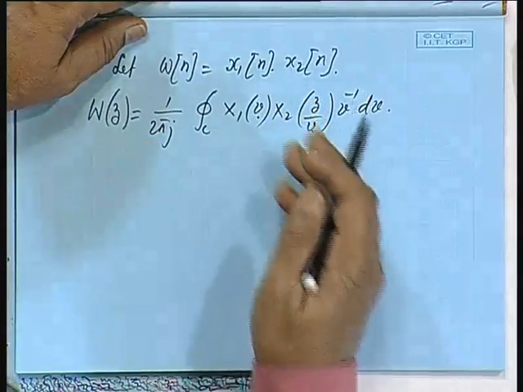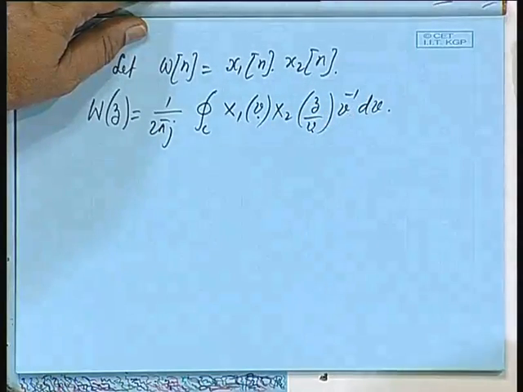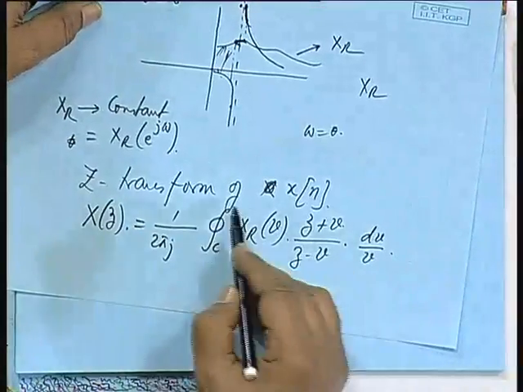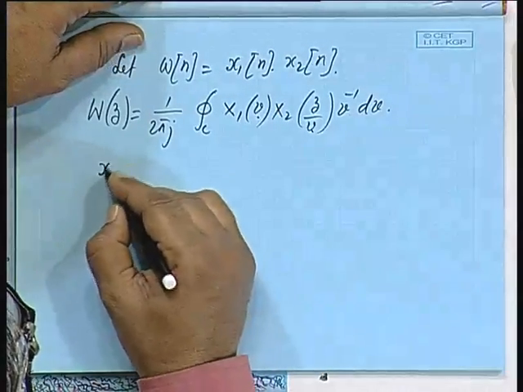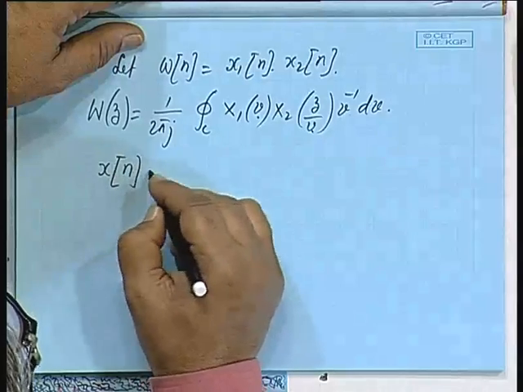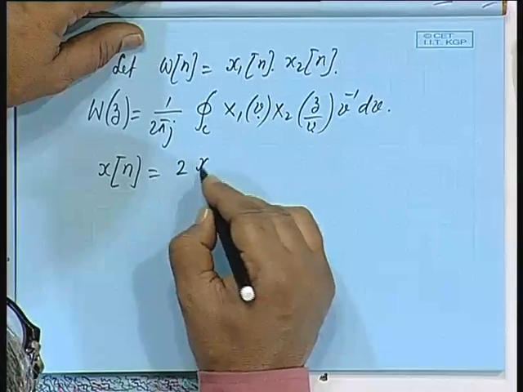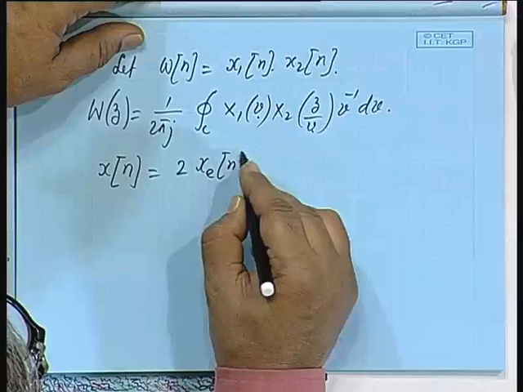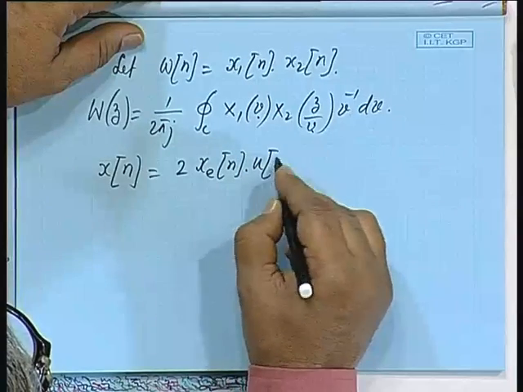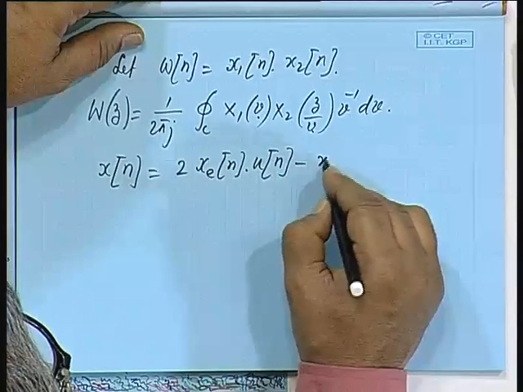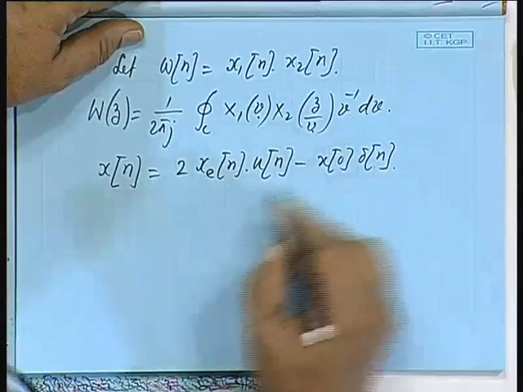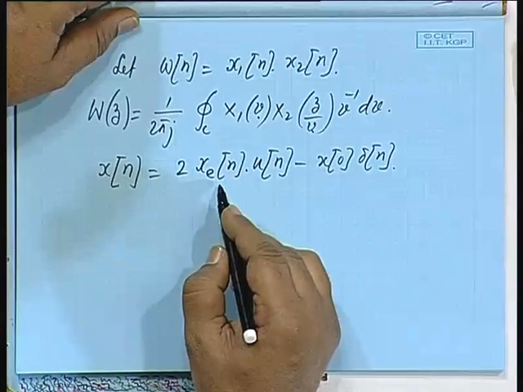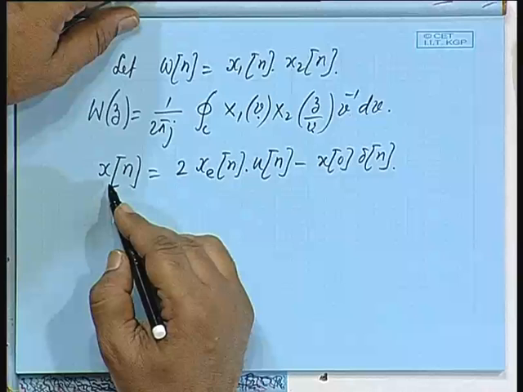This is a standard relationship. From here we will establish this relation. Now, in our case x[n] is 2 times x_e[n], this is the relationship that we established last time. You remember, in terms of the even function we can write the original function x[n].